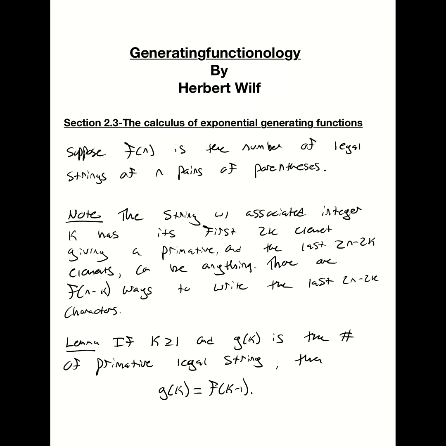So take that on faith for now. There is a proof of that in Herbert Wilf's book, but this is actually very useful. We can describe the number of primitive strings as the number of legal strings.